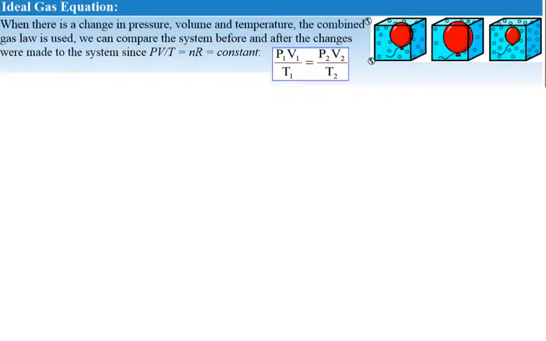So because PV over T for specific setting of the gas at certain number of moles is a constant, you can rewrite the gas law as the ideal gas equation. So you can say that the pressure initial times the volume initial over the temperature initial is equal to the new pressure, they called it P2, the new volume, and the new temperature.